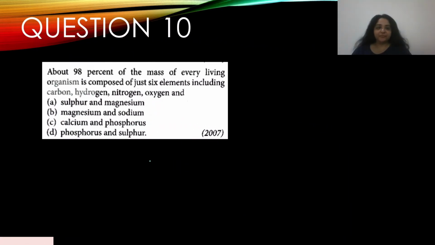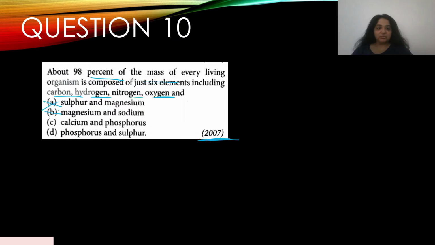Question number 10. About 98% of the mass of every living organism is composed of just 6 elements, including carbon, hydrogen, nitrogen, oxygen, and this appeared in 2007. So 98% of mass is composed of just 6 elements. And what are these? Carbon, hydrogen, nitrogen, oxygen, and sulfur and magnesium?